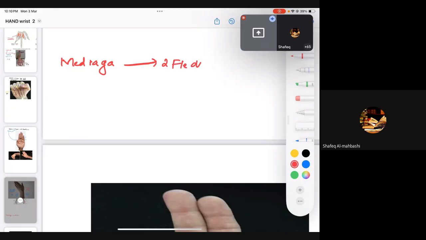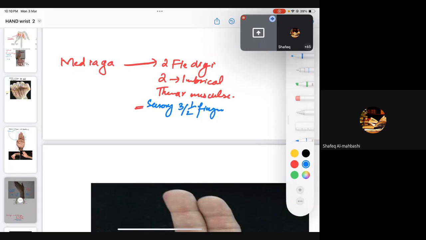Can I say the lateral two lumbricals? Yes, and what about the thenar muscles? The lateral thenar muscles will be affected. Okay, and what about the sensory? The lateral three and a half fingers. Three and a half, I would say. Sensation in the lateral three and a half fingers is gone, right?